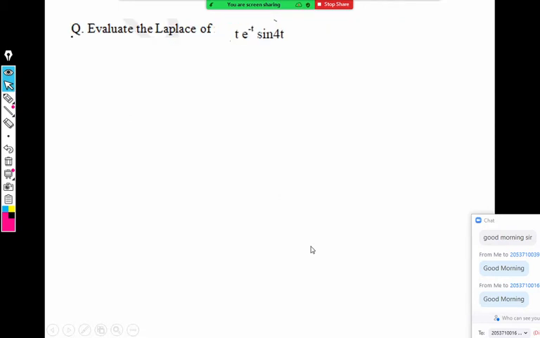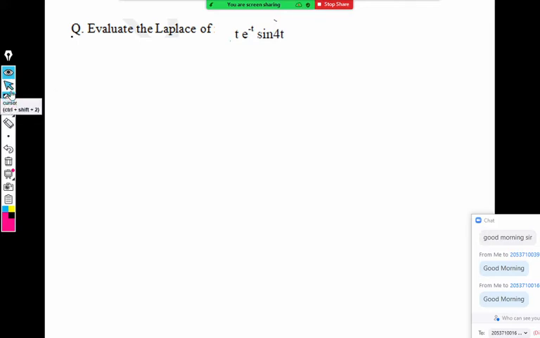Okay, now you can see the question. The question is: find the Laplace of t into e raised to minus 4t into sine 4t. Now, suppose you have to do this question by definition. It becomes lengthy, so we never do any question by definition.